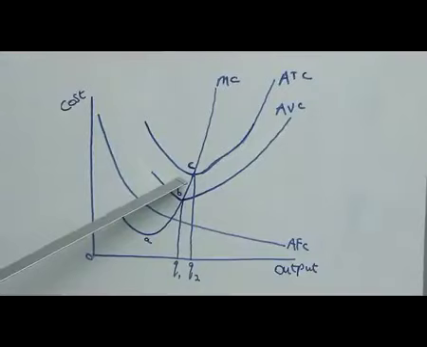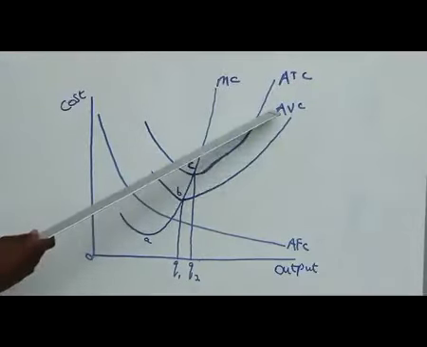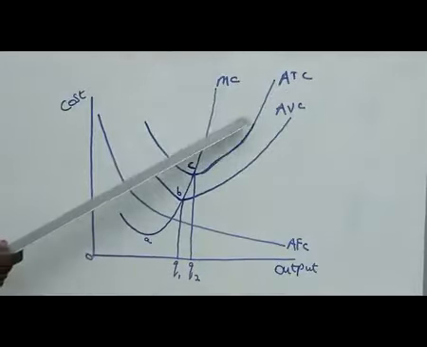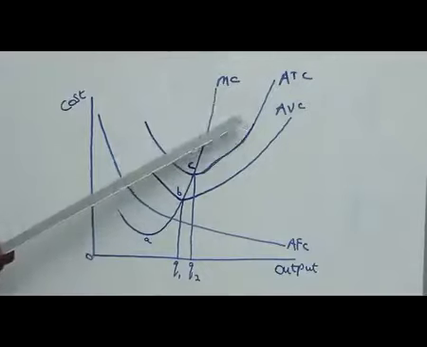So after the minimum point, average total cost started increasing. And when average total cost is increasing, marginal cost is above it. You can observe it here.